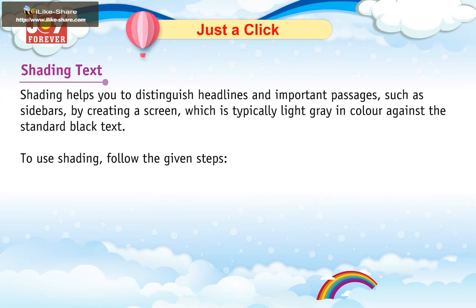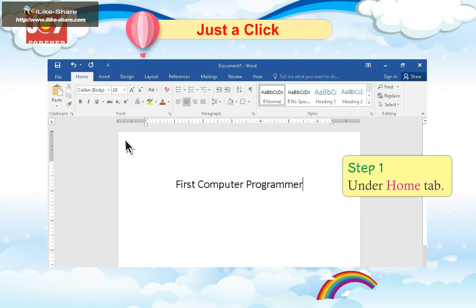Shading text. Shading helps you to distinguish headlines and important passages, such as sidebars, by creating a screen which is typically light gray in color against the standard black text. To use shading, follow the given steps. Step 1.